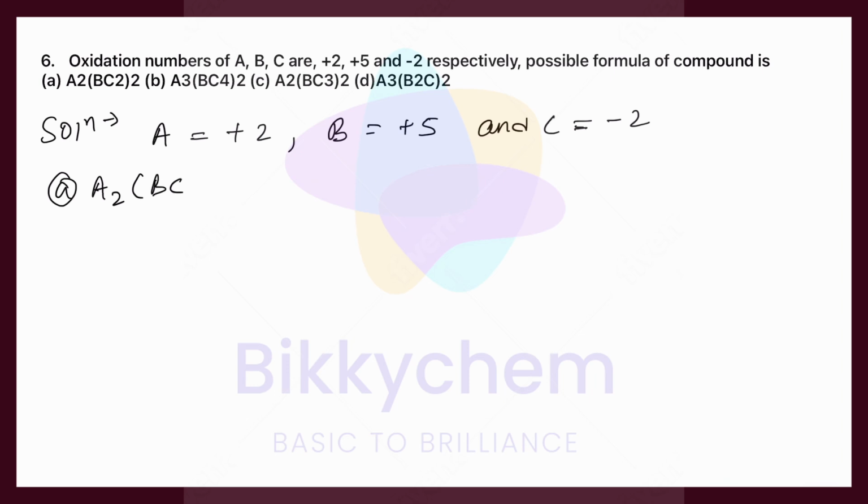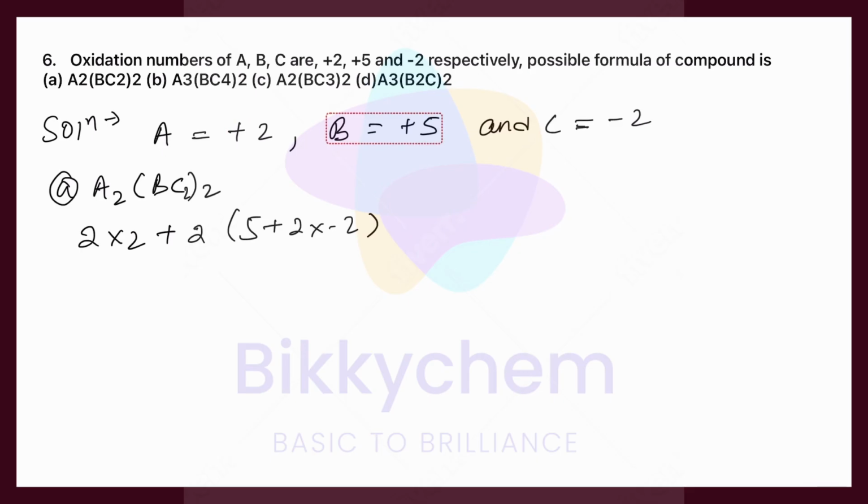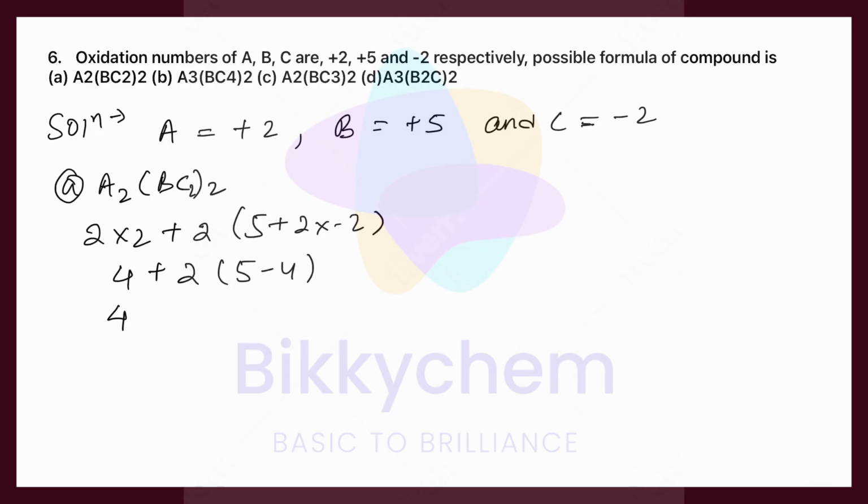A2BC2: 2 into 2 plus 5 plus 2 into -2, that is 4 plus 5 plus -4, it is 5, not zero. Let's see the B.